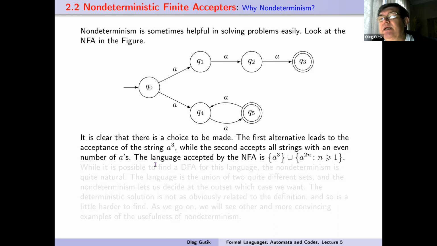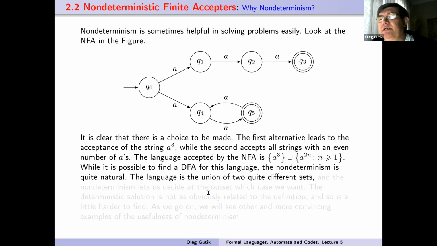The language accepted by this non-deterministic finite acceptor consists of the following sets: the single string a to the power 3, and the strings of the form a to the power 2n. While it is possible to find a deterministic finite acceptor for this language, non-determinism is quite natural.